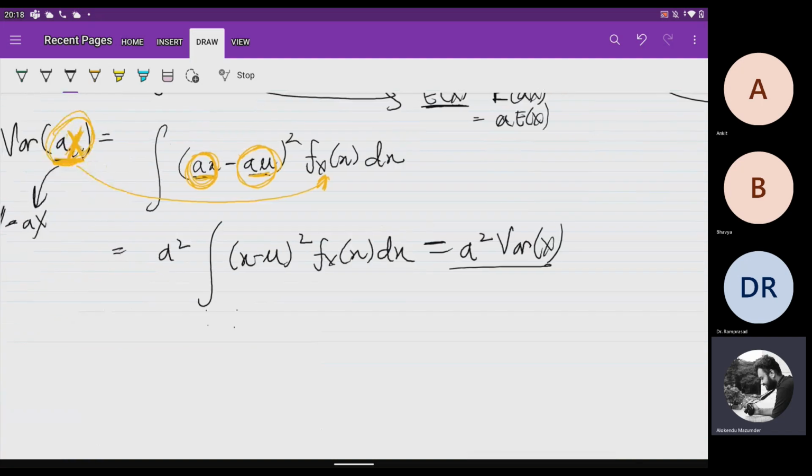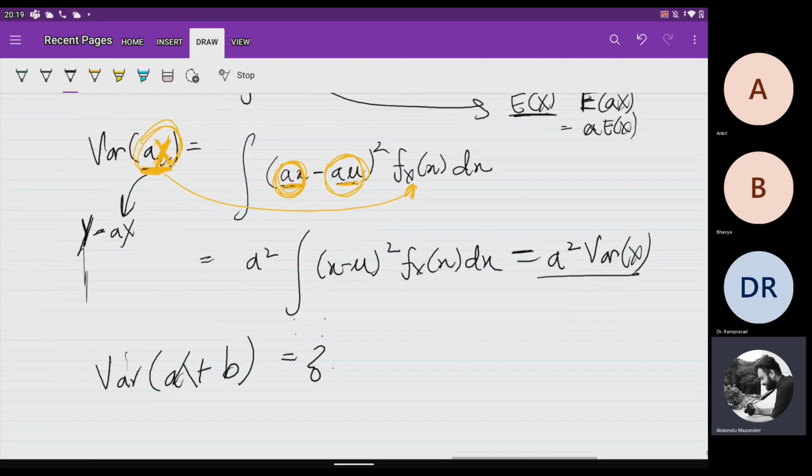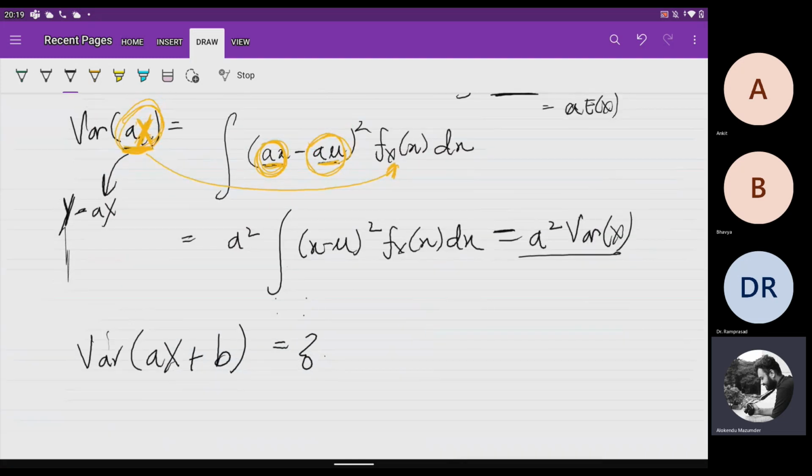Okay. Now, can anyone tell me what will be the variance of ax plus b? Anyone?